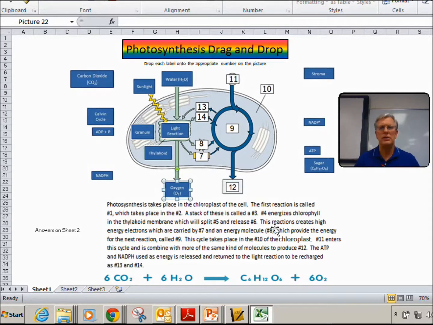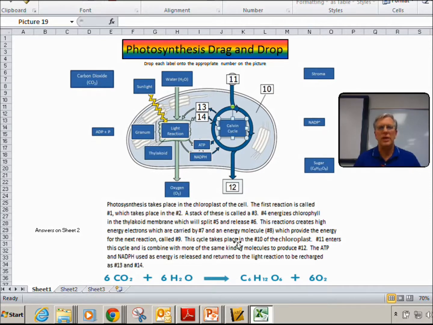This reaction creates high energy electrons, which are carried by number 7, which is NADPH, and an energy molecule, ATP, number 8, which provides the energy for the next reaction called the Calvin cycle.